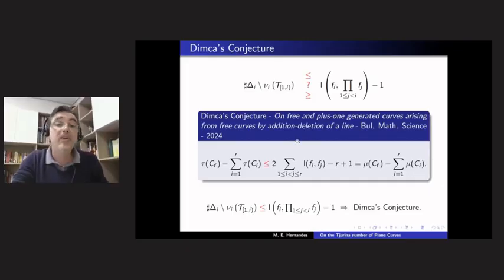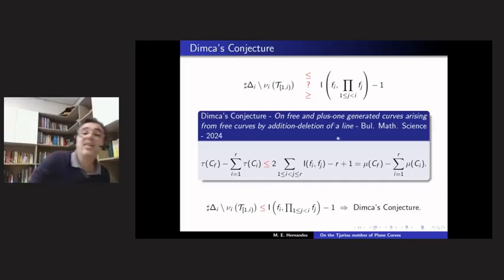And the Dimca conjecture is precisely that this difference is less than or equal to this difference. So notice that if you have this inequality, this cardinality is less than or equal to this intersection multiplicity minus 1, so we have the Dimca conjecture.